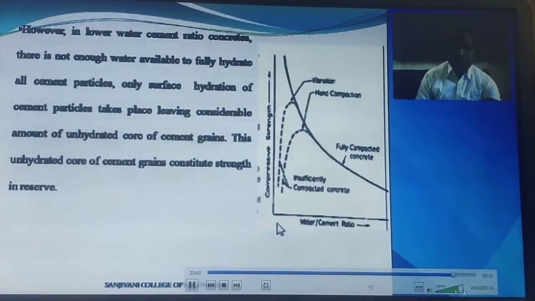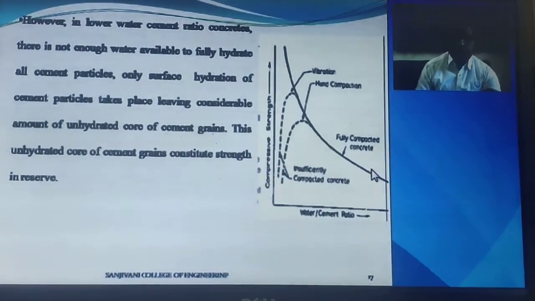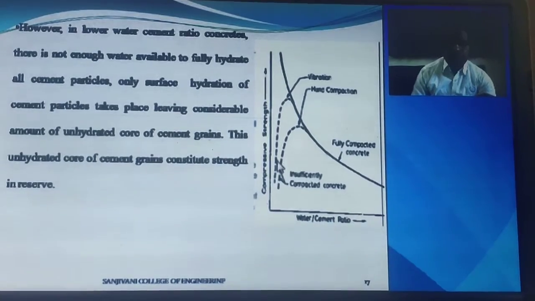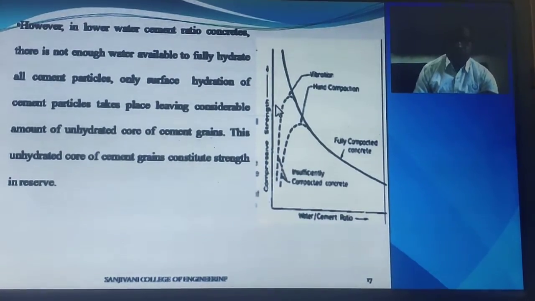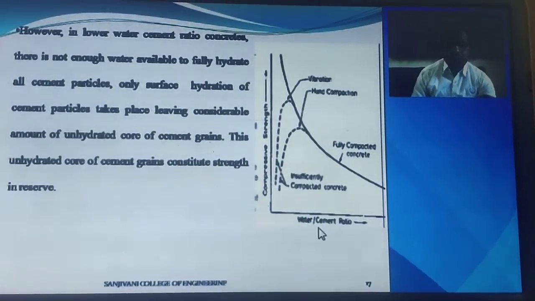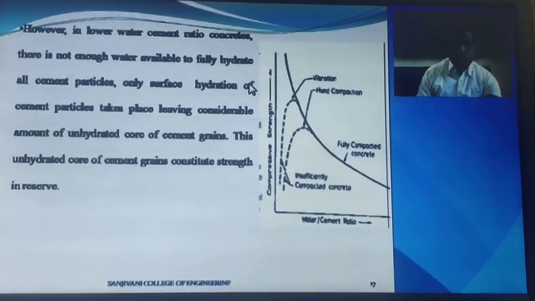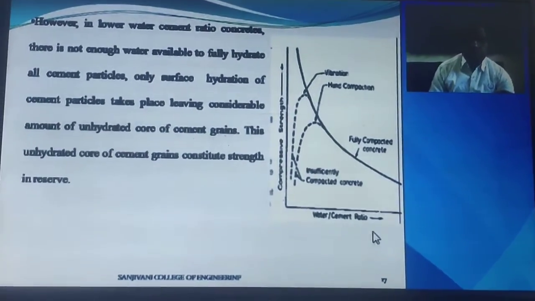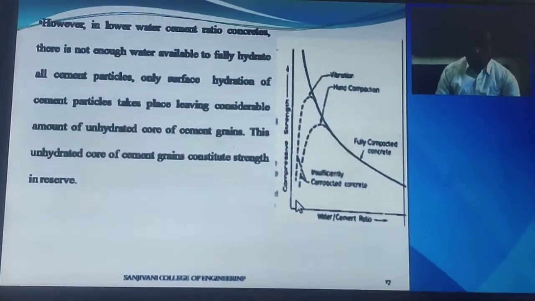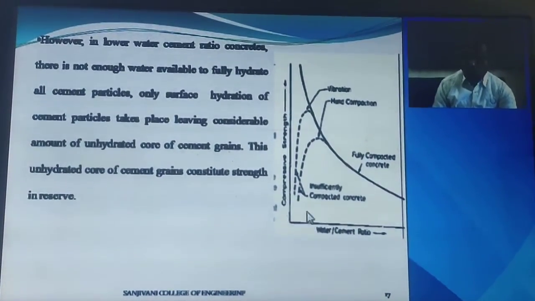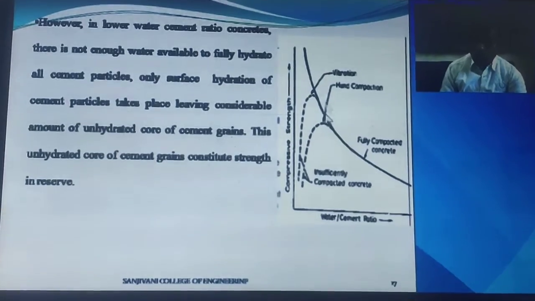If you look at this figure, it shows the curves of compressive strength versus the water cement ratio, with compressive strength on the y-axis and water cement ratio on the x-axis. If you observe this curve, the compressive strength is more when the water cement ratio is less.